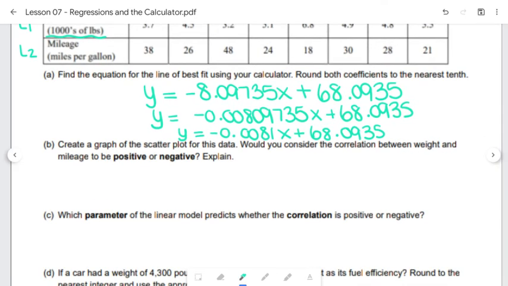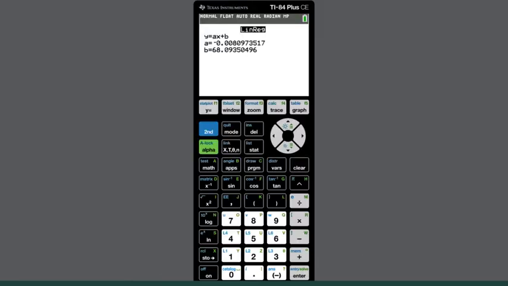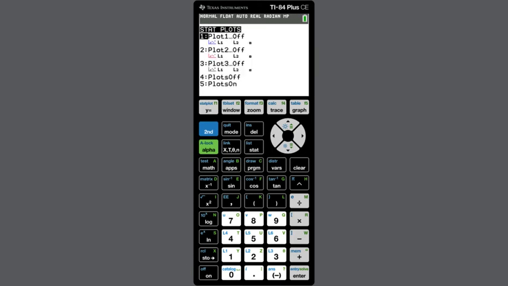But something cool our calculator can do for us also, I can graph these points right on the calculator and make my picture here. So if I go to second stat plot, so the y equals has stat plot written above it. So that's why I hit second stat plot. I could hit enter. I could turn stat plot on. And then I can go to zoom. And once I hit zoom, I see down at the bottom, zoom 9 is zoom stat. Now we can see what our residuals would look like.